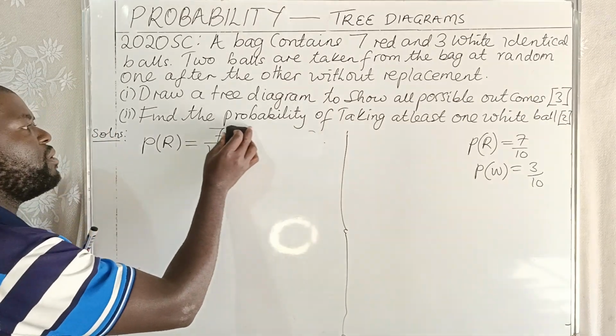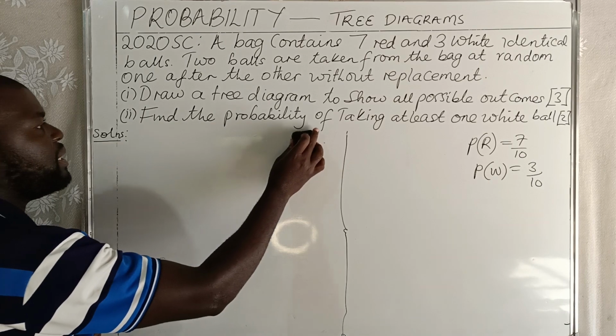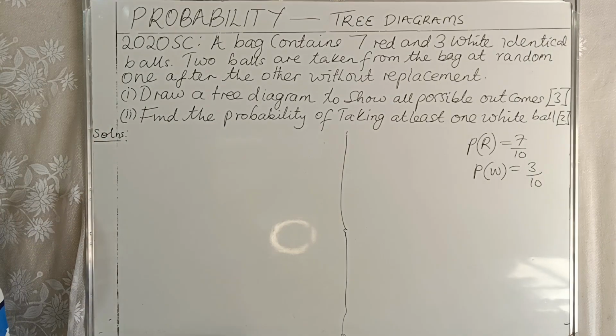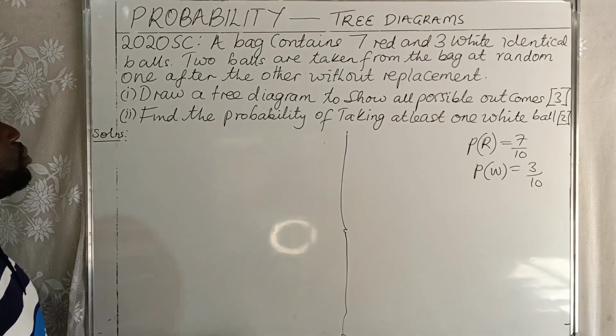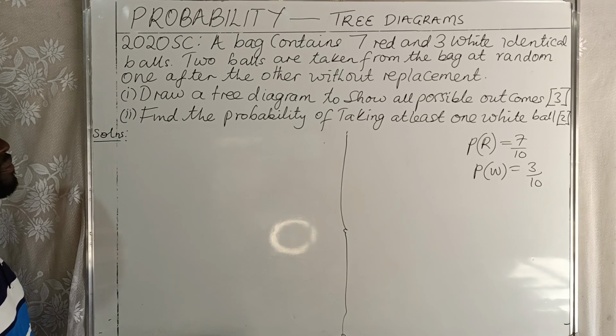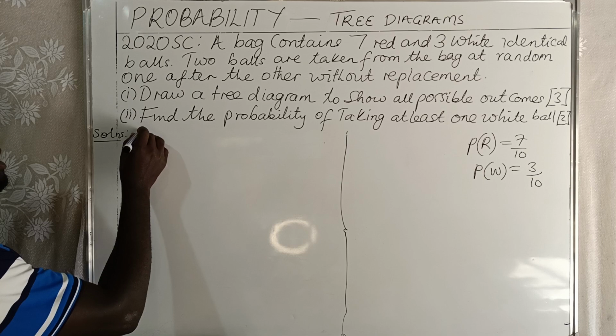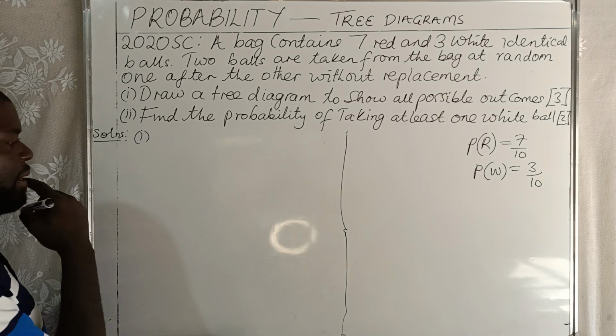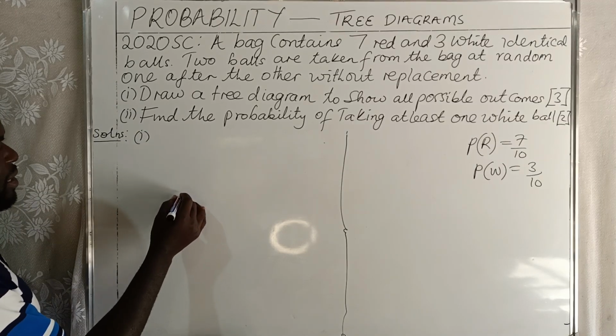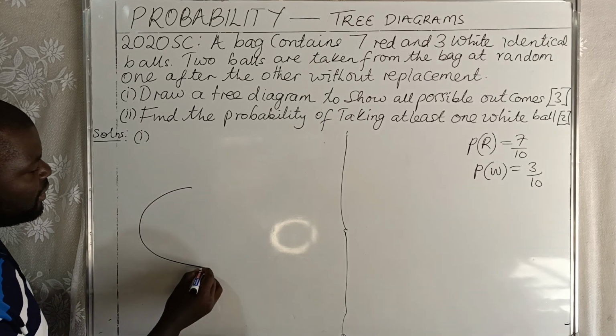Having found the individual probabilities, we can now look at how to draw a tree diagram. This is Roman numeral 1, and we are going to start our tree diagram like this.